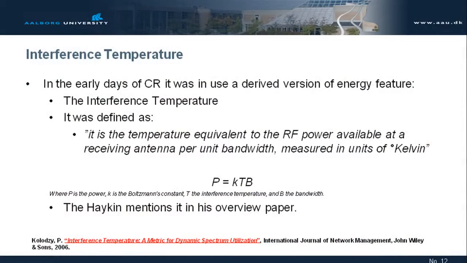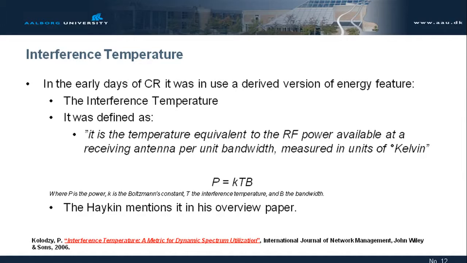And interference temperature, as I was mentioning before, and you were mentioning before, is another metric that they were considering a bit more scientific than simple energy detection. That stopped being used after, I would say, 2007.